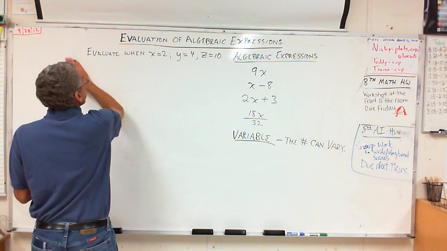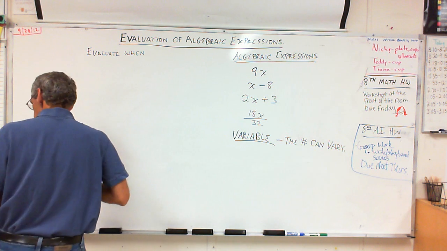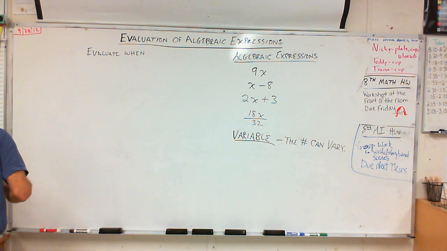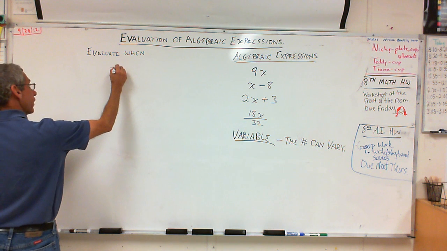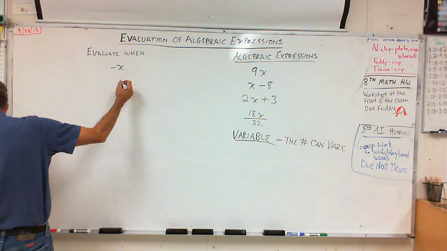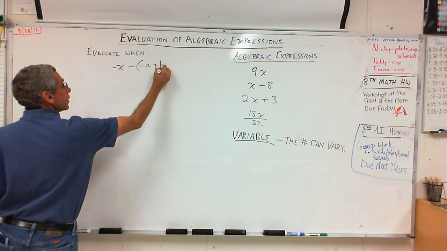We'll say evaluate. So let me see if I can find one that's a little trickier. Okay, how about that? So we've got negative x minus negative a plus b.